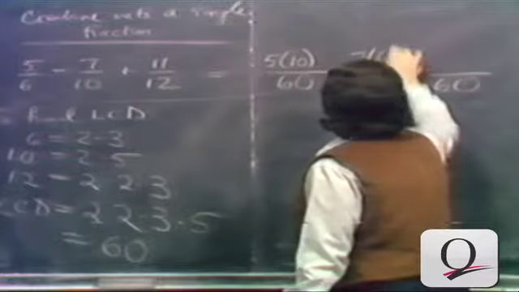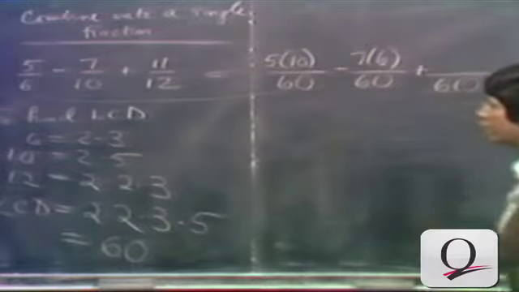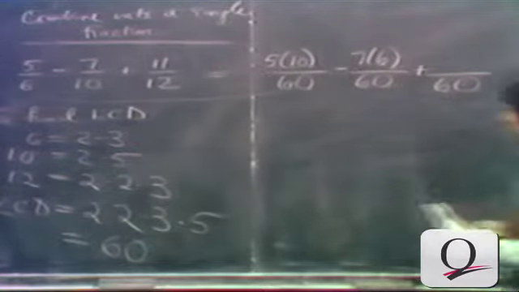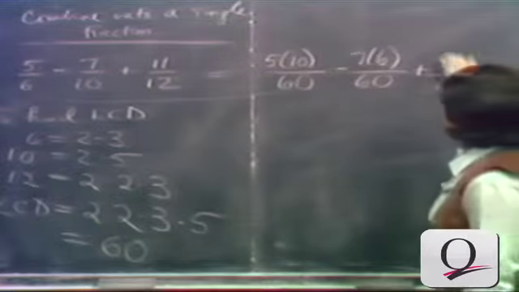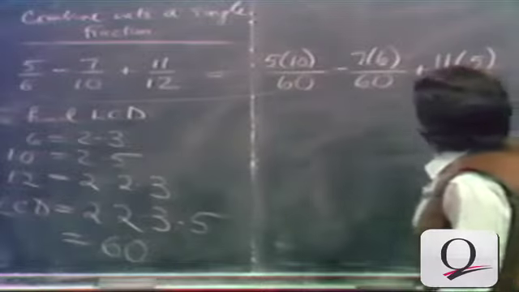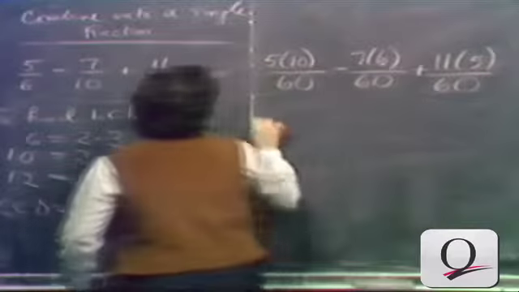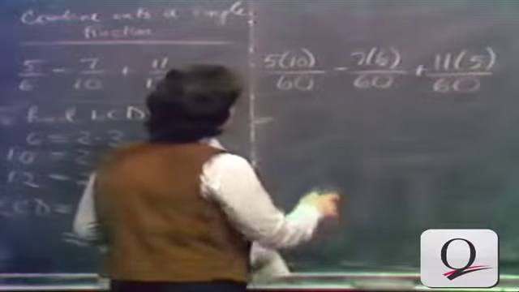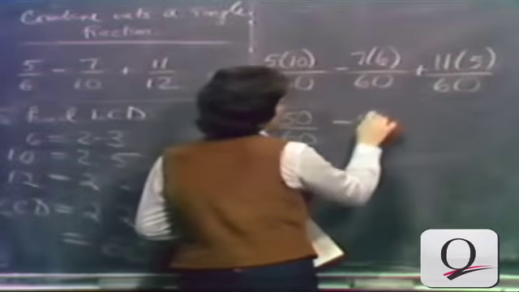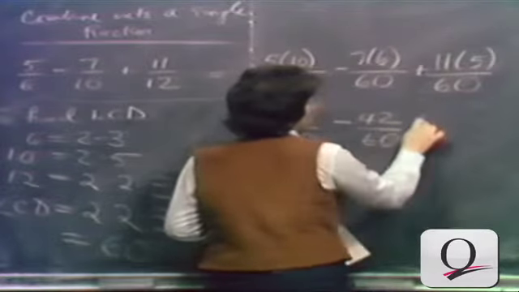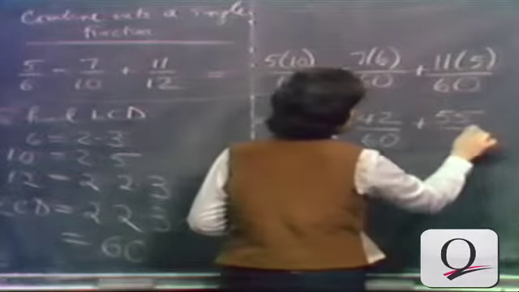Therefore, you must multiply the numerator by 6 as well to get an equivalent fraction. And finally, how do you go from 12 to 60? It was multiplication by 5, so the numerator must be multiplied by 5 as well, giving us 50/60 minus 42/60 plus 55/60.